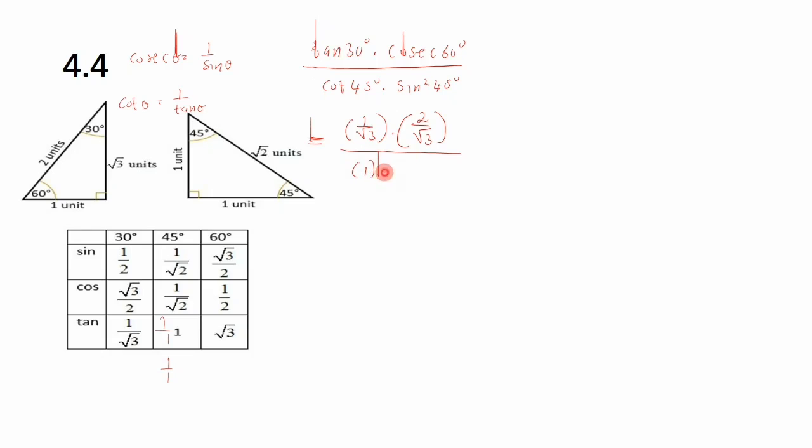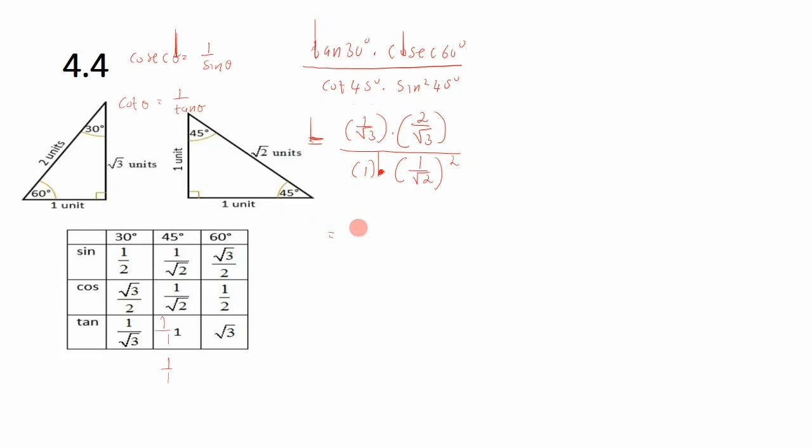Then let's check here. Multiply by sine squared 45 degrees, right? Sine 45 degrees is 1 over root 2. So we're just going to substitute it as it is, 1 over root 2. But don't forget we have the square here. Now from this point, it's just a matter of multiplying.